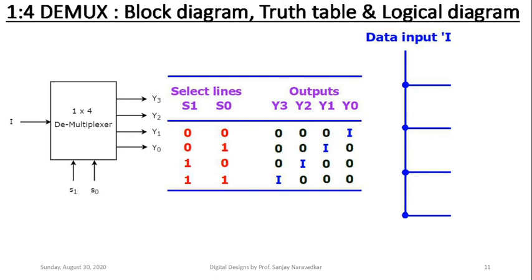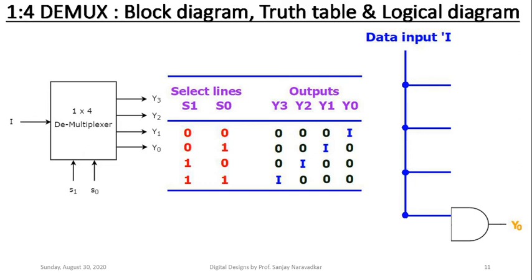So here is one AND gate. The output of this AND gate, the bottom AND gate, will be generating Y0. Input I will be steered to Y0 only when the select lines are 0, 0: S1 is 0 and S0 is also 0.